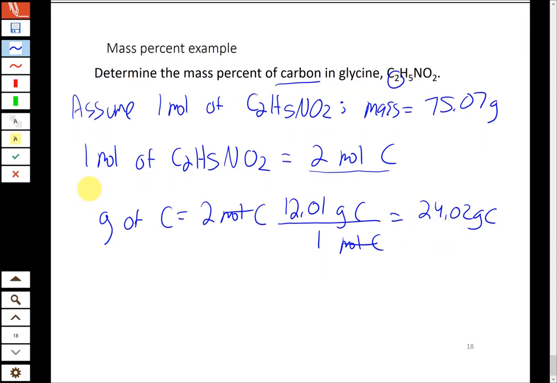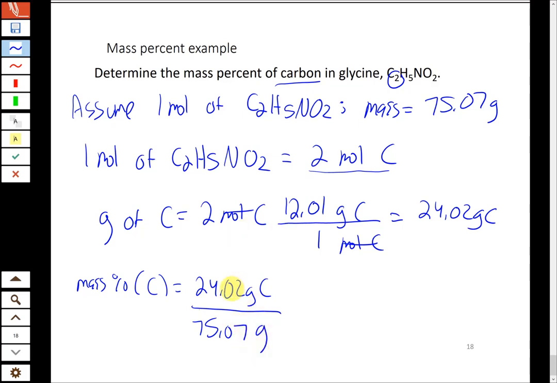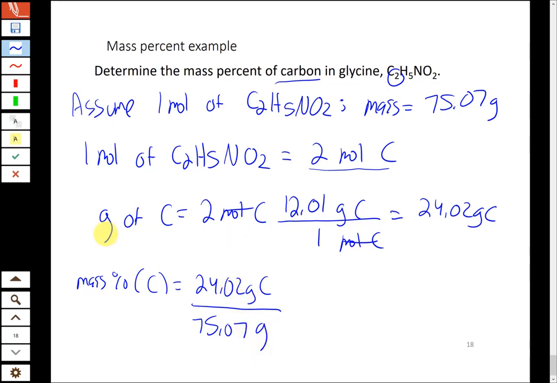Then we can use those two numbers, the mass of the element and the mass of the compound, to get mass percent. We had 24.02 grams of carbon. The whole molar mass of the compound is 75.07. So of those 75.07 grams that are in 1 mole, 24.02 grams are carbon.